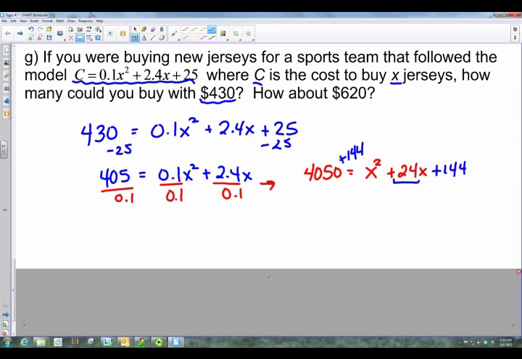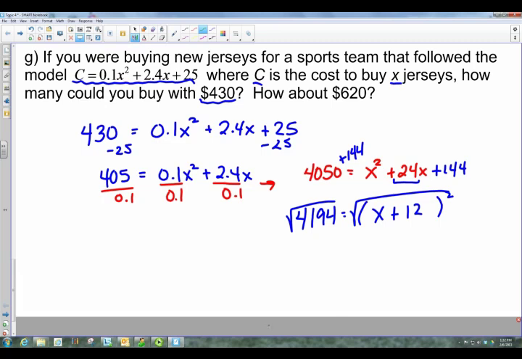So on that left hand side I've got 4,194 is equal to, and remember we break this down, x plus 12 squared. Now we square root both of these. Okay, so at this point, because we're dealing with an actual real life type of situation, I want to know what the square root of 4,194 is. And it works out to be 64.76. So I got 64.76.